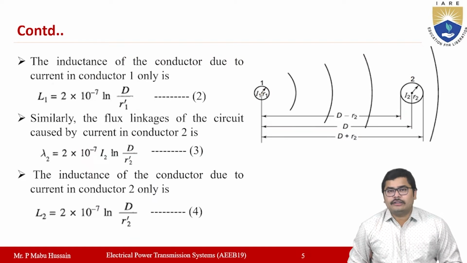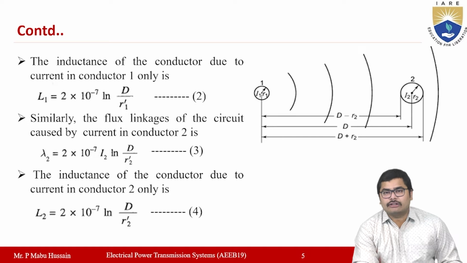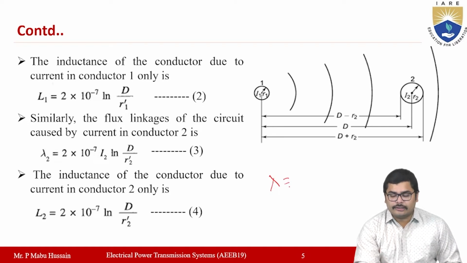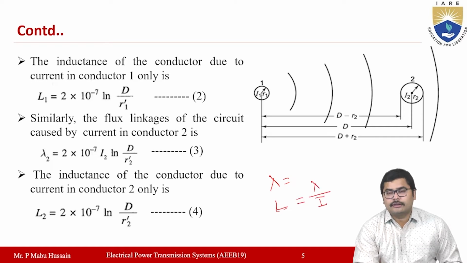In a similar way, you can calculate the inductance. Once you know the flux linkages lambda, you can calculate the inductance L. The inductance L is equal to lambda by I. Here, the inductance of conductor 1 we write as L1.